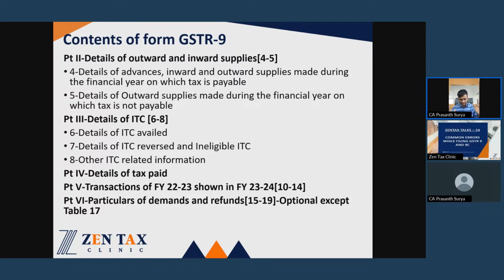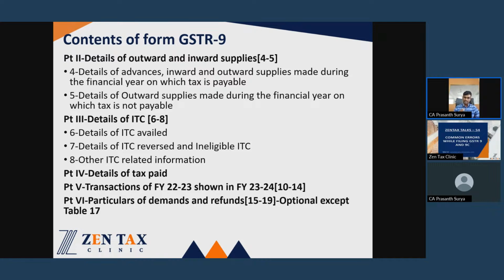The summary of GSTR9: there are Part 2, Part 3, Part 4, Part 5 and Part 6. For Part 2, we should give outward supplies and inward supplies which are liable to RCM. In Part 3, we give our ITC details, that is, these much purchases I have made, through which I have availed this much ITC.